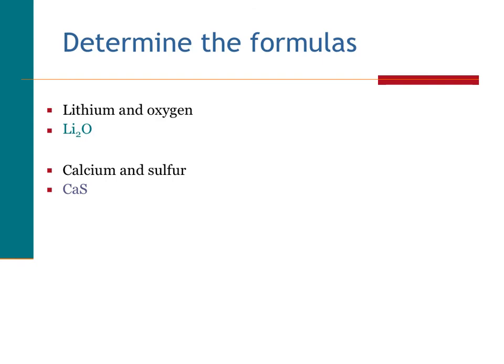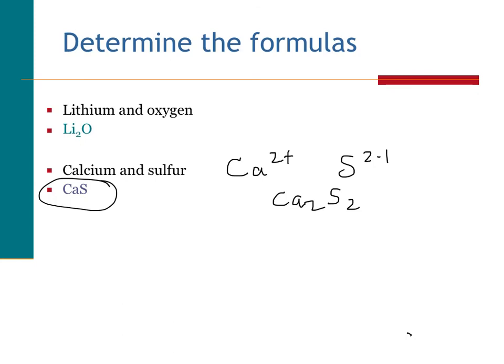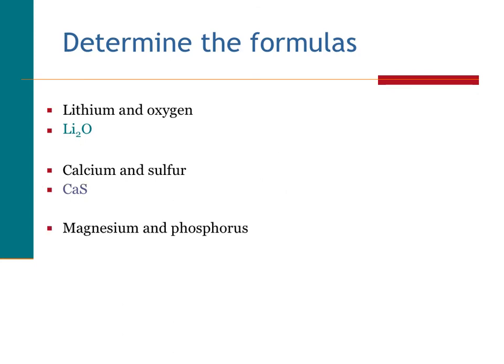Calcium and sulfur, let's take a look at that. Ca was a 2+. Sulfur is a 2-. So when you crisscross, they're both 2s, but then we have to reduce, so we just get CaS. Try magnesium and phosphorus.